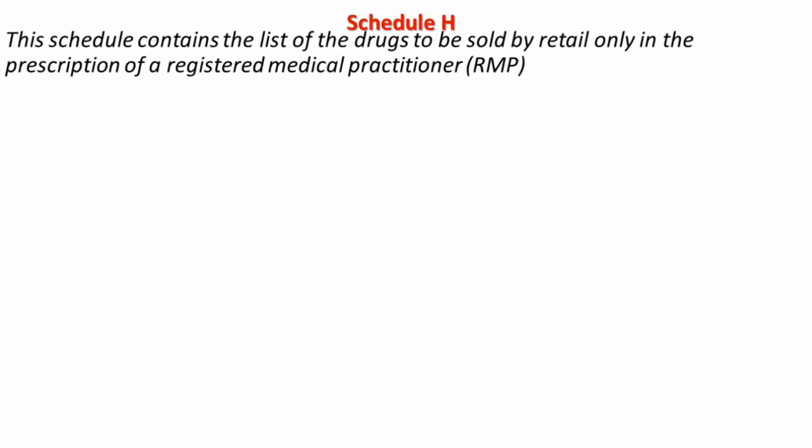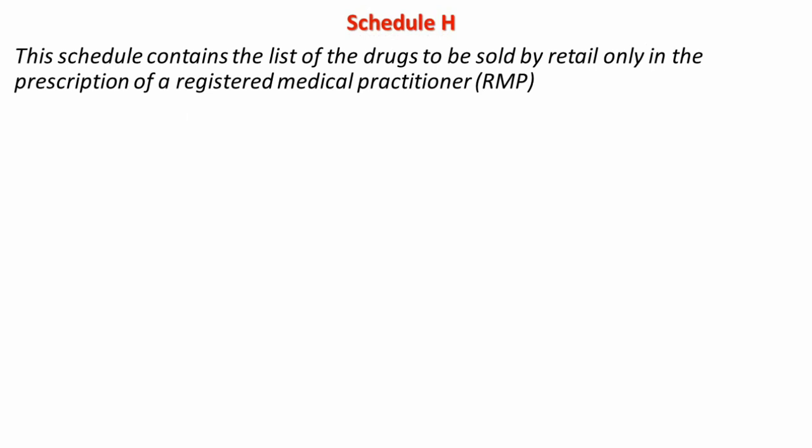Next is Schedule H. This schedule contains the list of the drugs to be sold by retail only on the prescription of a registered medical practitioner.